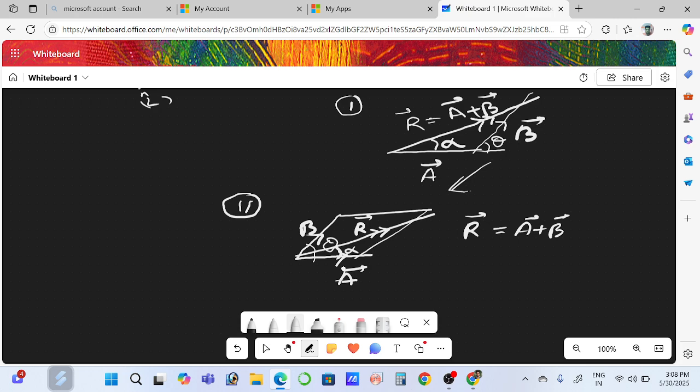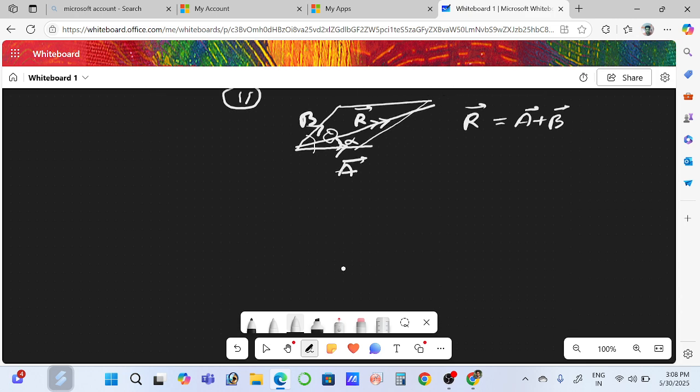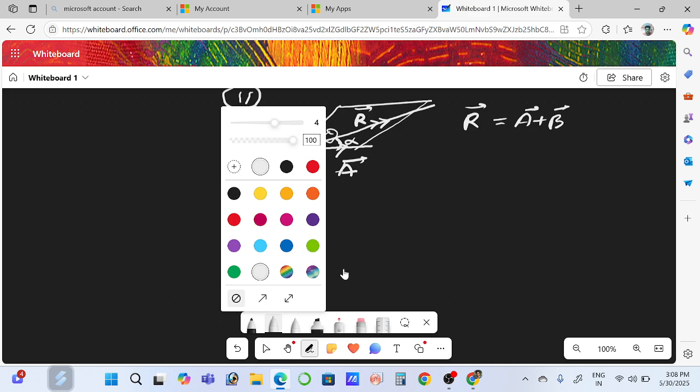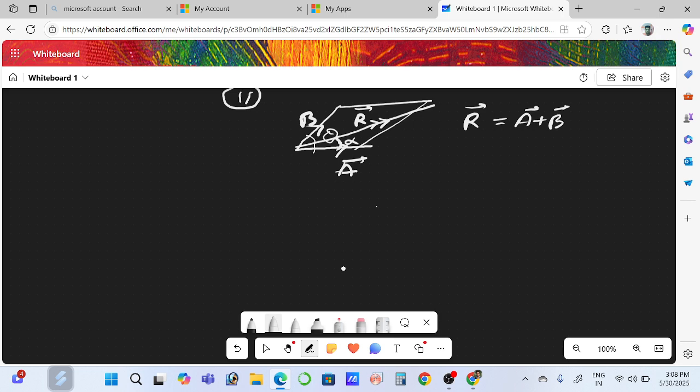So this is actually an extension of the triangle law. In a similar way, you can also make subtraction of these two vectors.